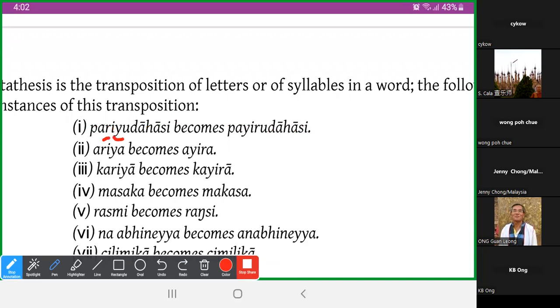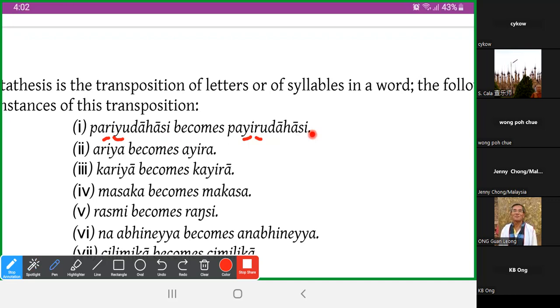The R and Y changed the place. Pari becomes pai. The R and Y change the place, or transposition. So pariyudahasi becomes pairudahasi. So this is called transposition.